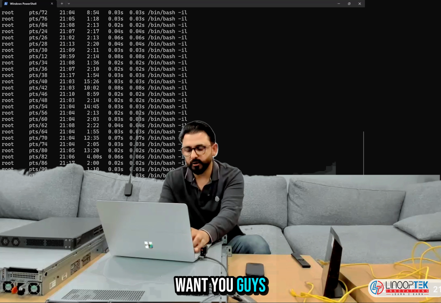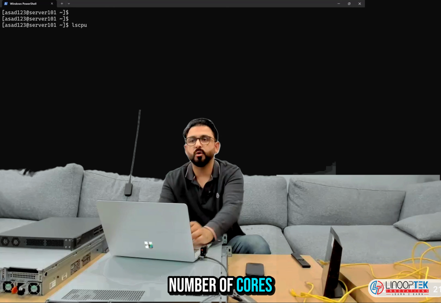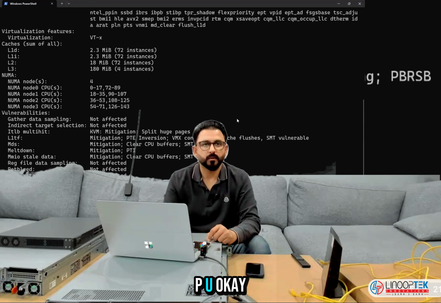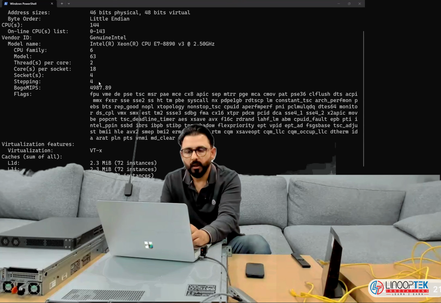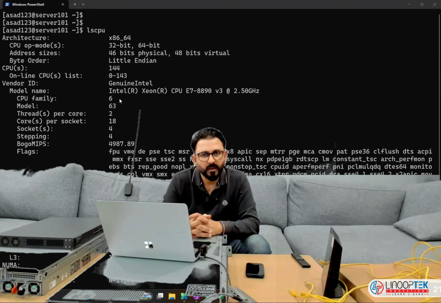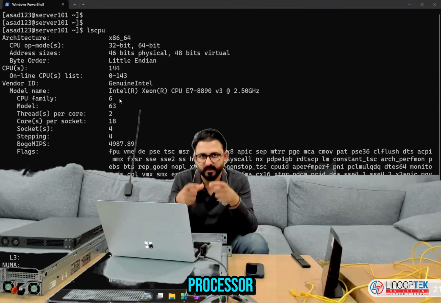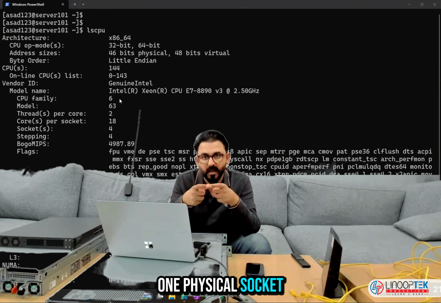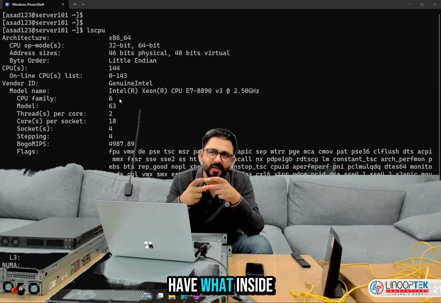Next thing I want you guys to tell me is how do you check the CPU number of cores on your server? lscpu. Okay. Please keep your cell phone mute, and lscpu will show you. Now refresh my memory. What is the CPU socket? That's the one physical processor, one physical socket. And then CPU sockets have what inside of them?